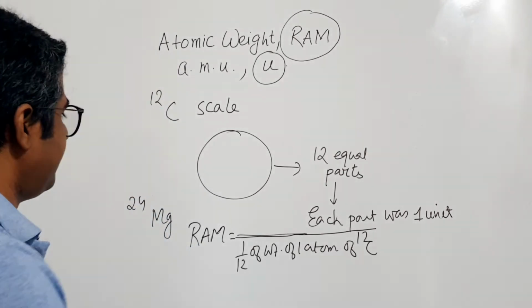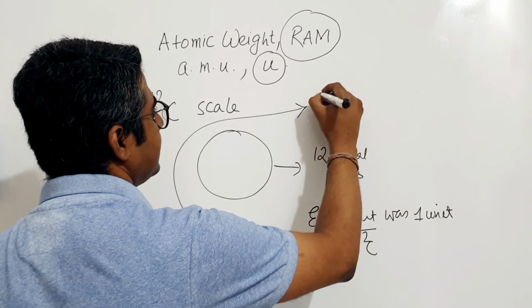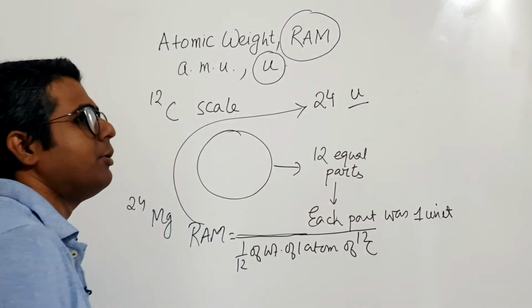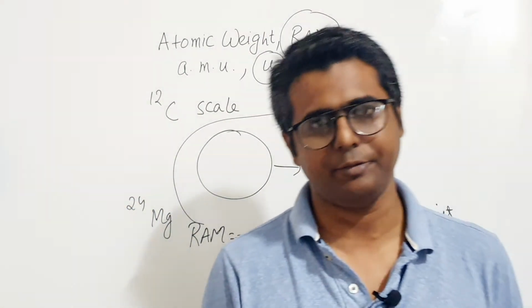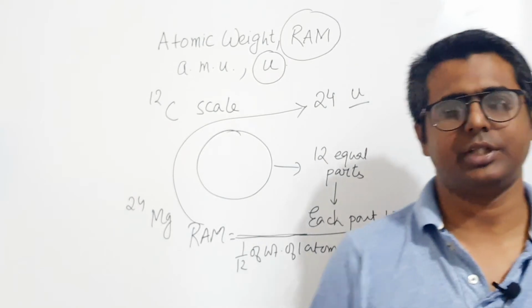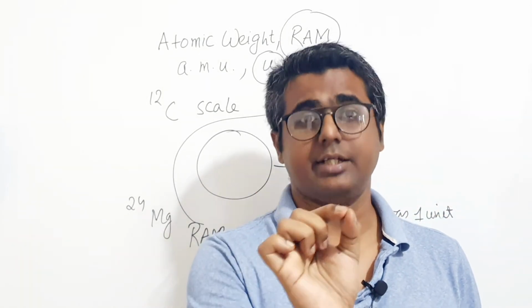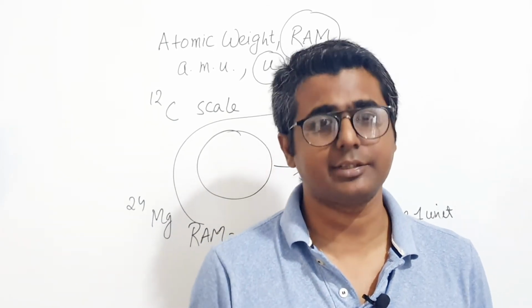So that is why this RAM from that time onwards was mentioned as 24 units. So actually at this moment of time, AMU cannot be used as per IUPAC's latest recommendation. You should use U rather than AMU. Okay? So IUPAC said if you write relative atomic mass, then do not write AMU because it is unitless.